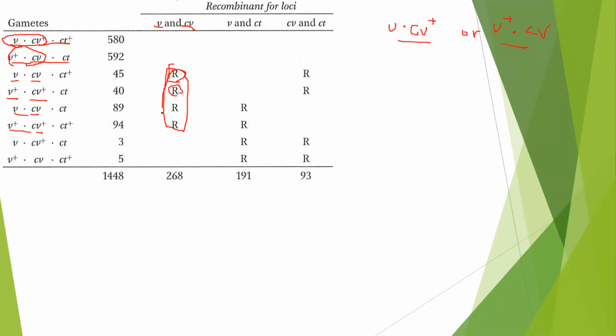That's why we put 4 R's here. But these are identical to the parental type, so they are not. So for these two genes, we specify 4 recombinant categories. Doing the same thing, we can identify the recombinants for the other two genes as well. Is that clear?